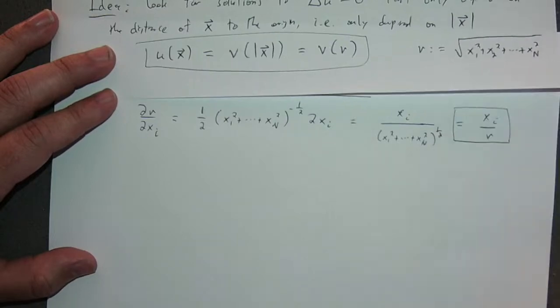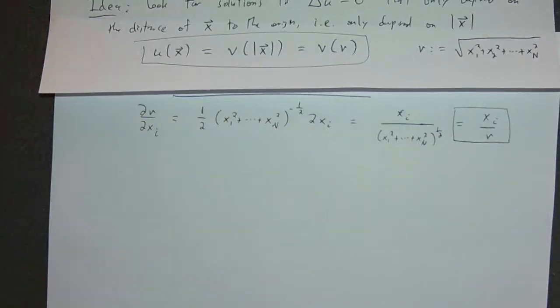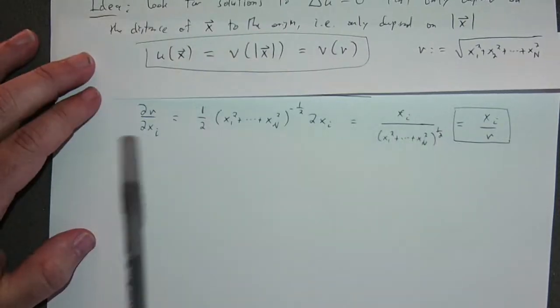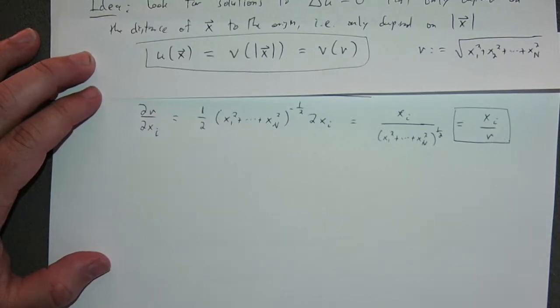So this is not so bad. The partial derivative of this expression for r with respect to an individual x sub i is just x sub i over r.